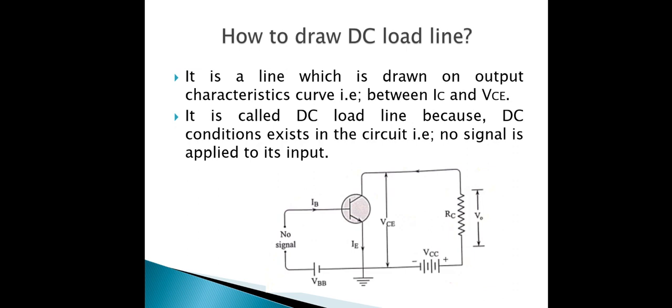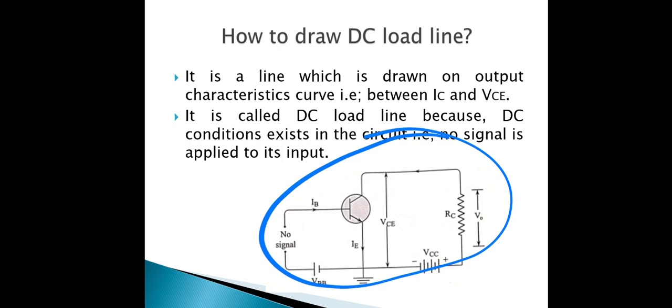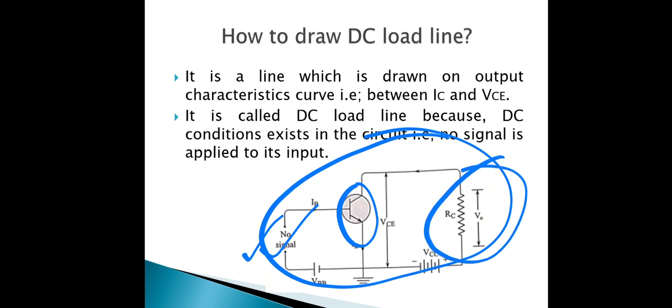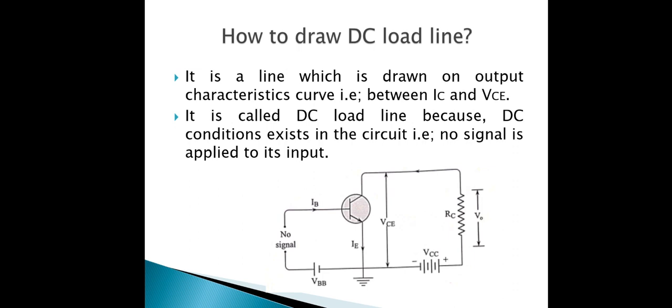When we observe this circuit, it is nothing but a common emitter circuit, which we have already discussed in the previous video. Here there is no signal applied. This is a CE configuration, and when you apply some input signal later, you can obtain an output. So this is a normal CE configuration circuit.